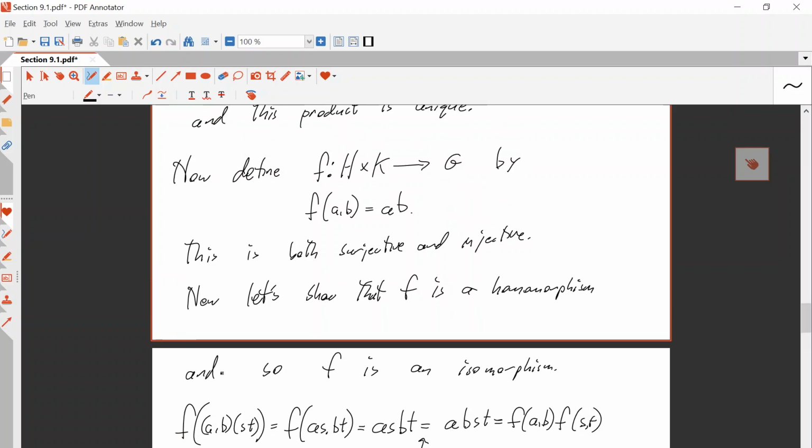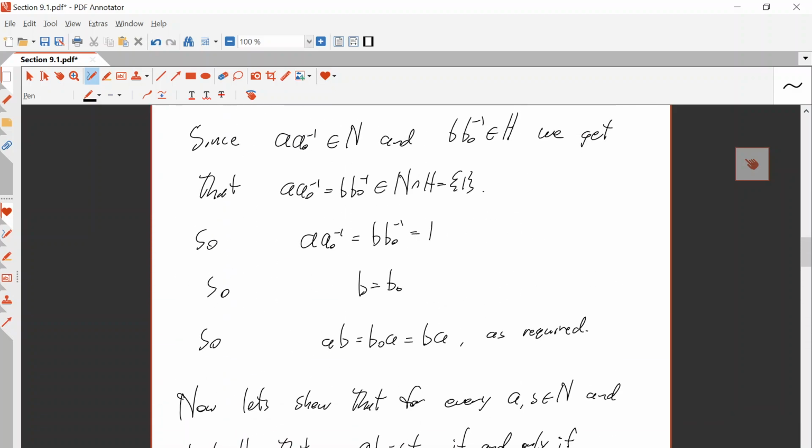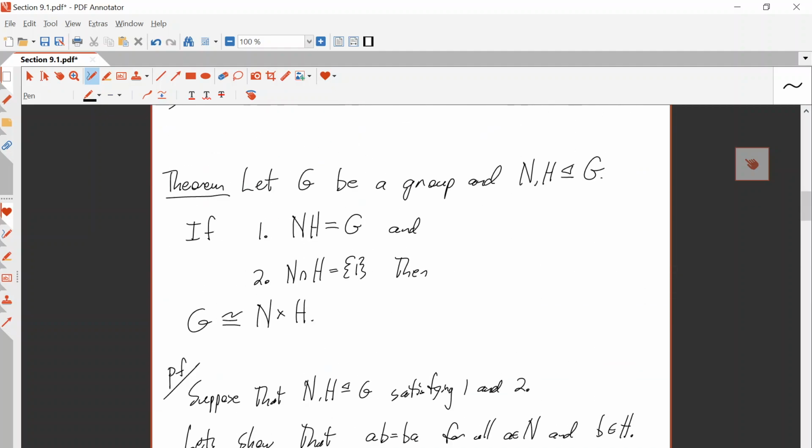So we have an isomorphism from H cross K to G. Okay, so G is isomorphic to H cross K. Okay. So there's only two conditions, well, three conditions really, for being able to pull apart G into a direct product of two subgroups.